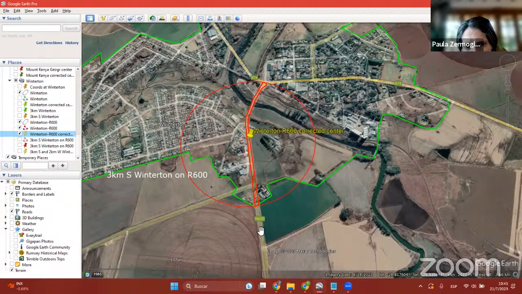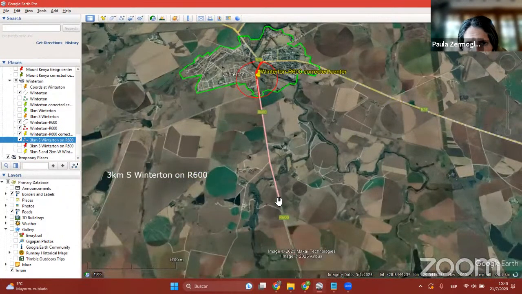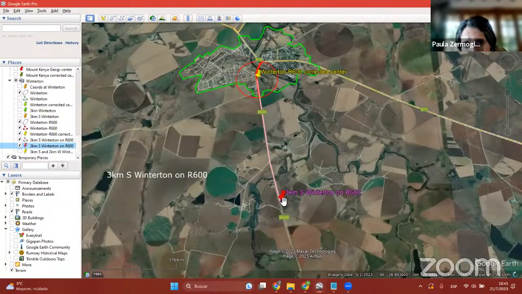And so we start from there, measuring down, and we do a line that goes from here 3 kilometers down. If I was here, I wouldn't be 3 kilometers south. 3 kilometers south is down here. So when we measure from there, we get to a point around here that is 3 kilometers south.